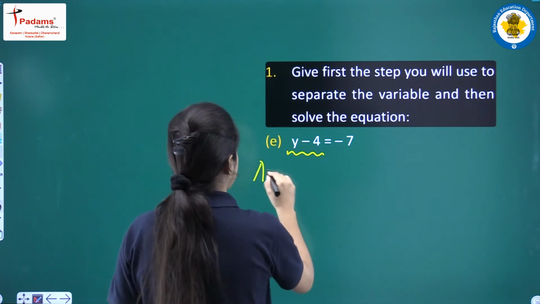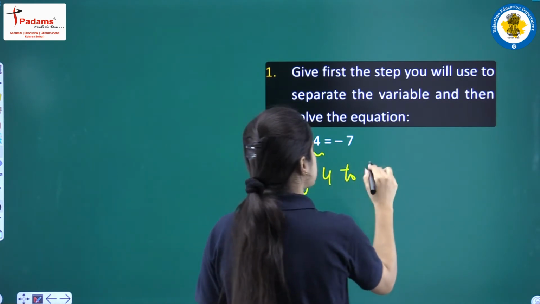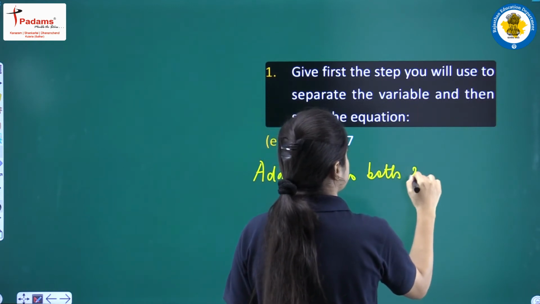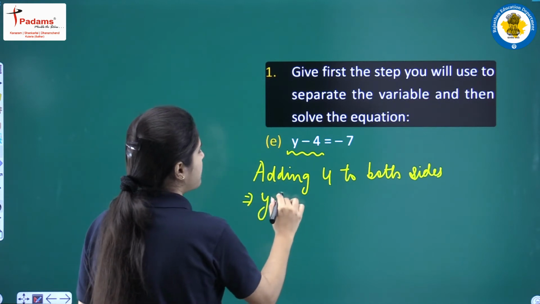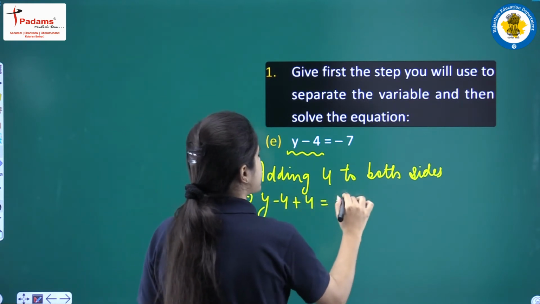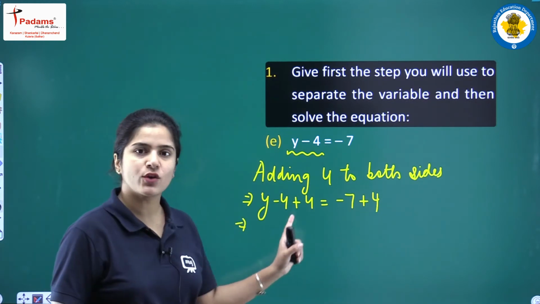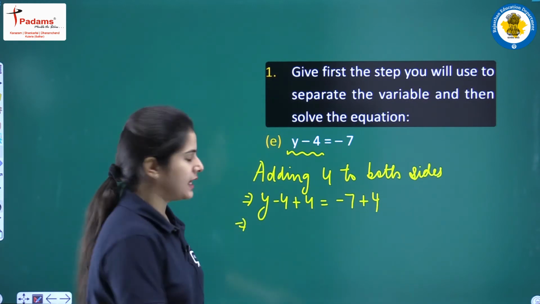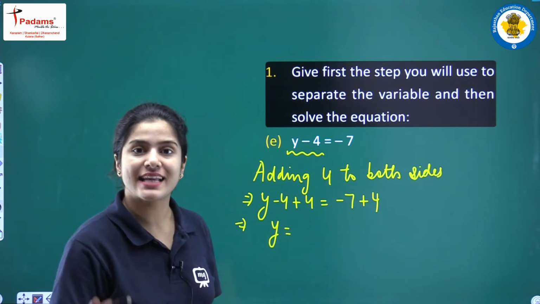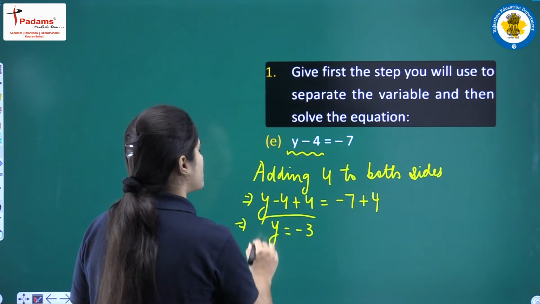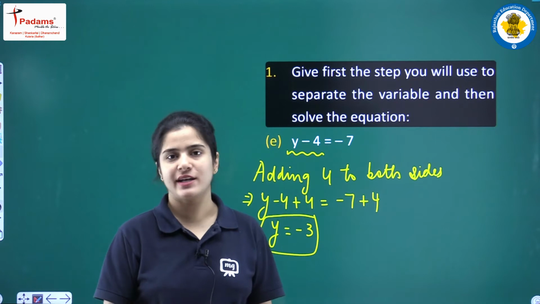Adding 4 to both sides, y minus 4 plus 4 is equal to minus 7 plus 4. Minus 4 and plus 4 is equal to 0. This is y. Minus 7 plus 4 is equal to minus 3. So y is equal to minus 3, and this is our solution.